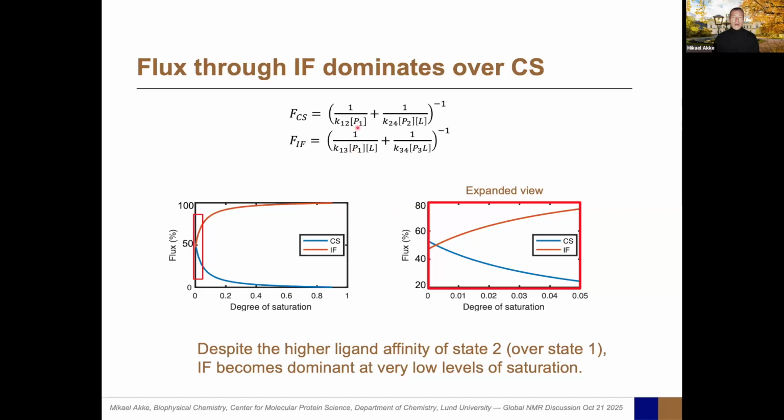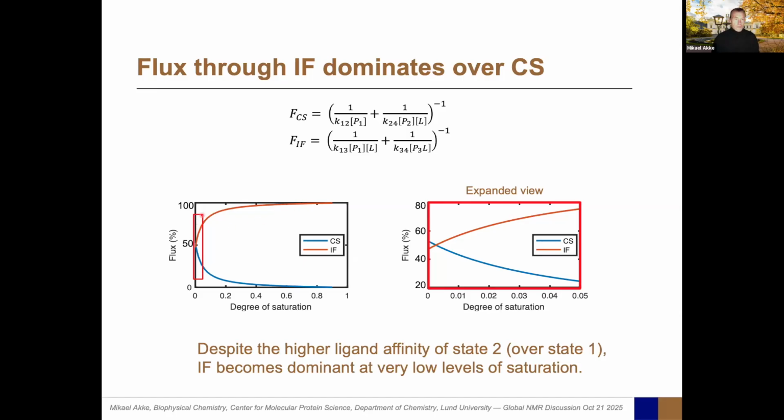And so this we can calculate again from the parameter values that we fitted, and the result is shown here in these graphs. So here you see the full curve, conformational selection in blue, induced fit in red. And you can see, for example, our highest lactose concentration was 75% saturated. It's here, and of course the binding is occurring almost exclusively via the induced fit pathway.